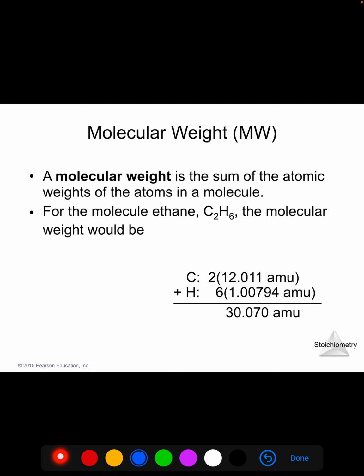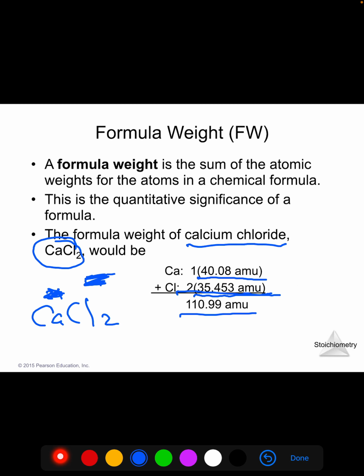Now that's for an ionic compound, because as you remember, it's very unlikely you'll find a single calcium chloride. In its crystalline structure, these are coordinated to many different atoms, just like the sodium chloride was in that cubic structure we saw.